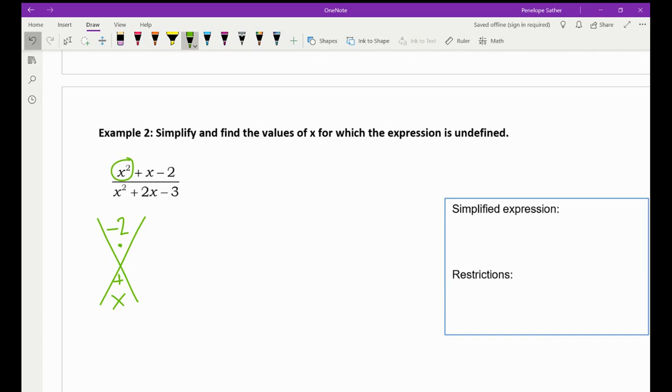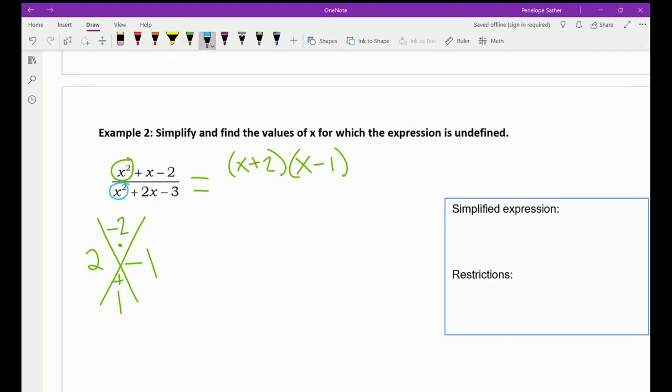Let's change that real quick. You want something that multiplies to be negative 2 and adds to be 1. So that ends up being the numbers 2 and negative 1. So in this case, we can take the top of the fraction and say x plus 2 times x minus 1.